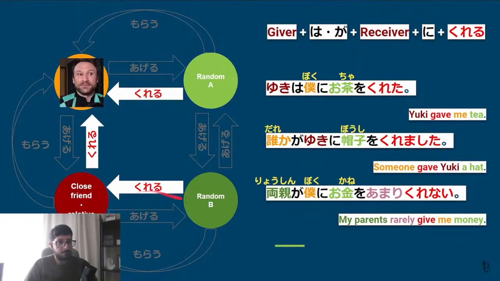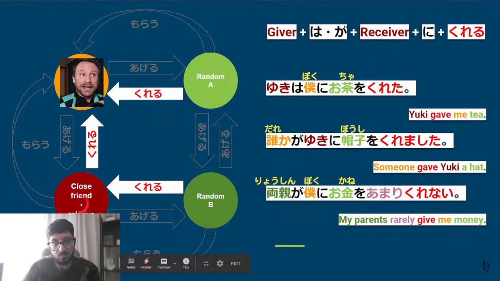Someone gave Yuki a hat, some random person. 両親が, 両親 parents, so we're over here, my parents in particular. 僕に, go in this direction, お金をあんまりくれない. My parents rarely give me money, almost never, I would say never.